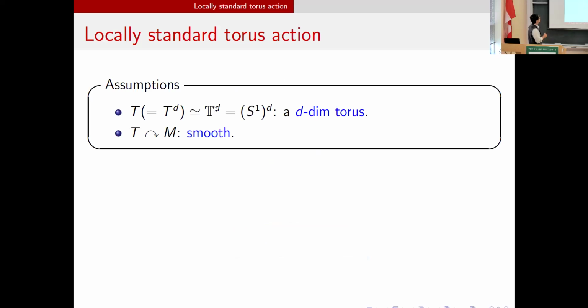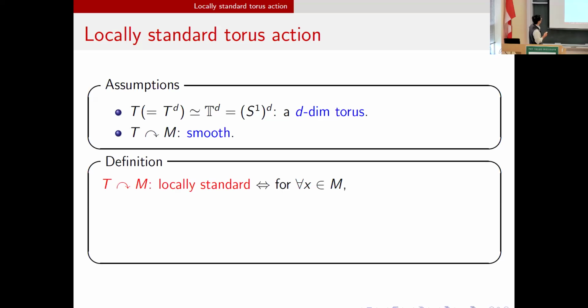We assume that T is a D-dimensional torus, and we distinguish T and this bold T. The bold T means the standard torus, just the product of D copies of the unit circle in the complex numbers. And M is a smooth manifold. The D-dimensional torus T acts on the smooth manifold M smoothly and effectively. So these are our assumptions.